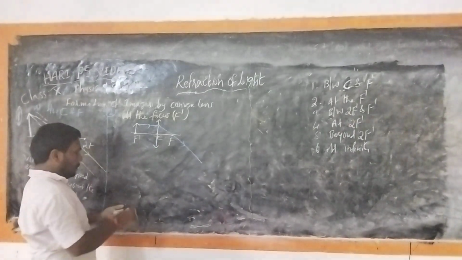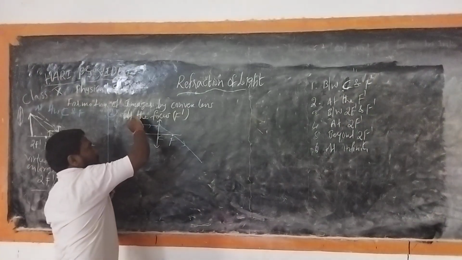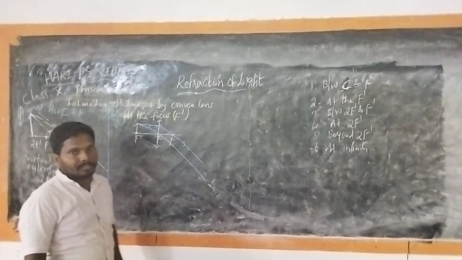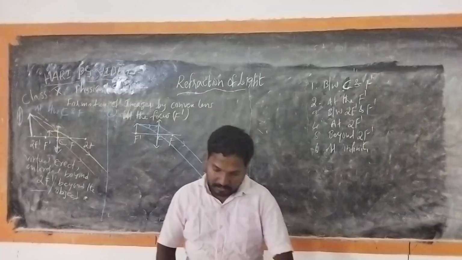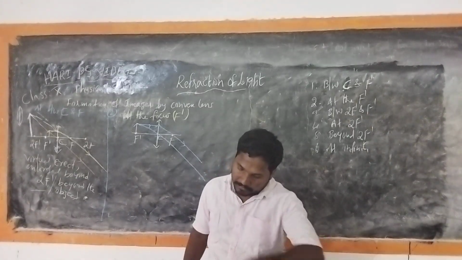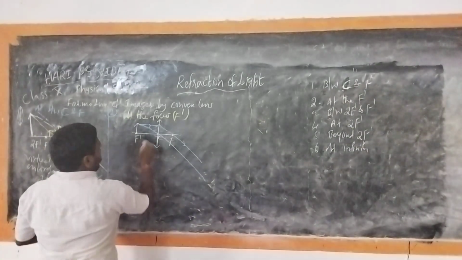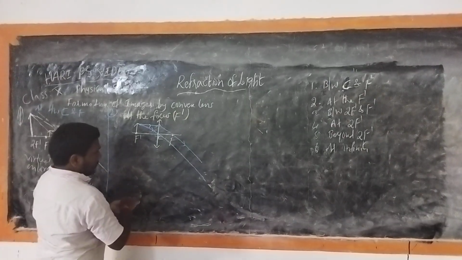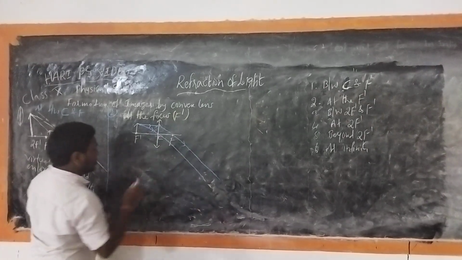Let us take one more through the optic center. Where is the image formed now? The image is formed at infinity.